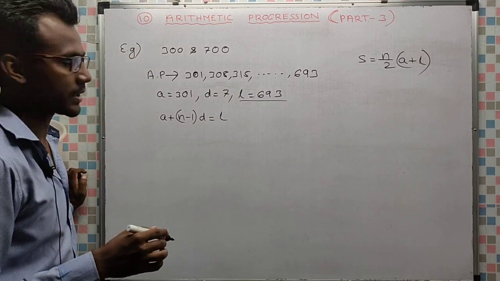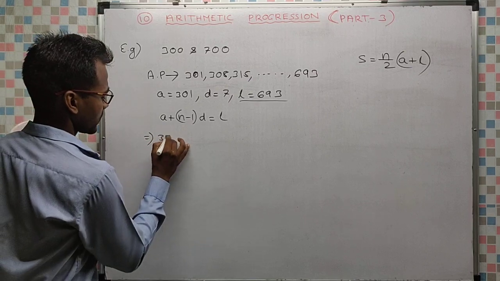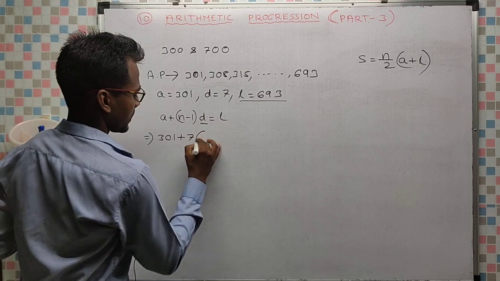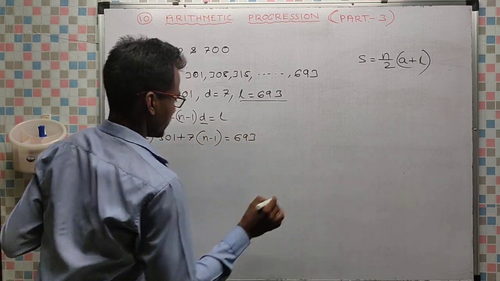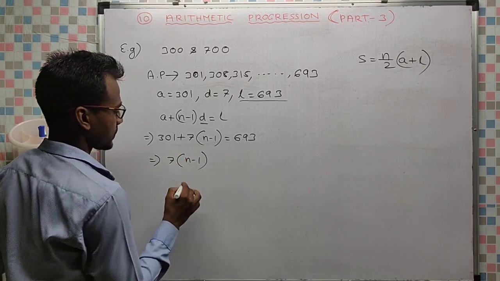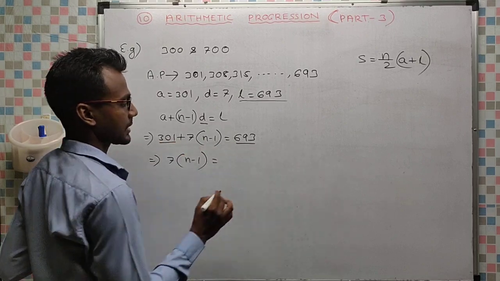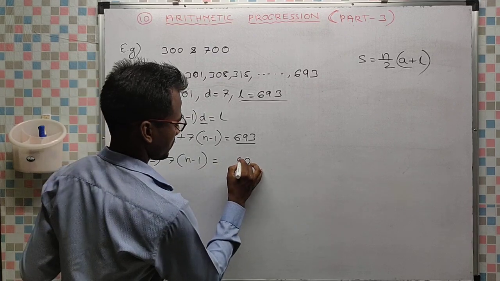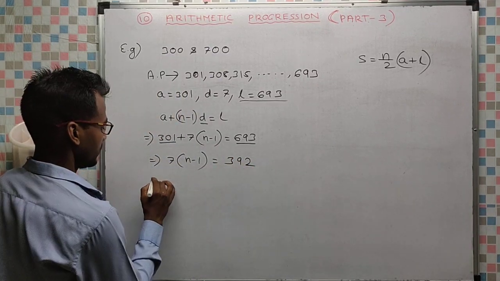In the first part I have explained this. From this we will get n. 301 plus, what is D? 7. 7 into n minus 1 is equal to 693. So 7 into n minus 1 is 693 minus 301. 693 minus 301 is 392.